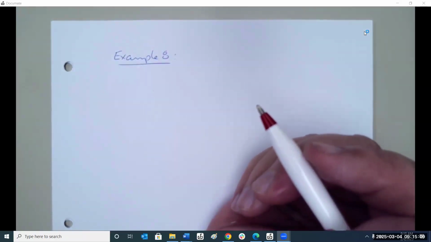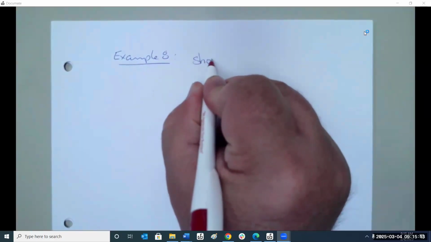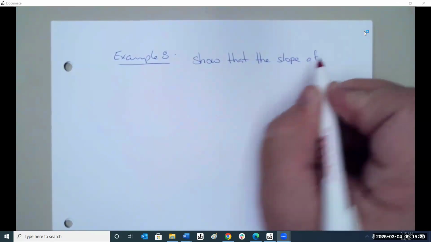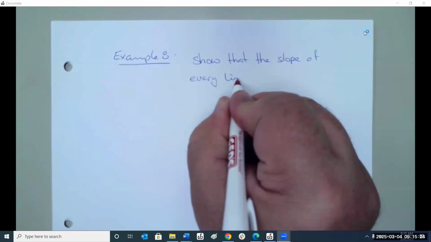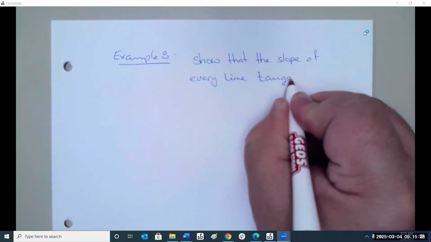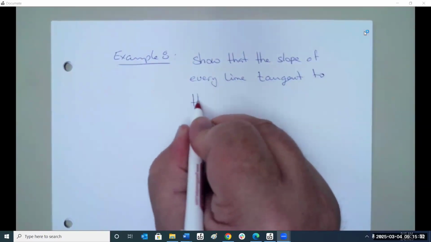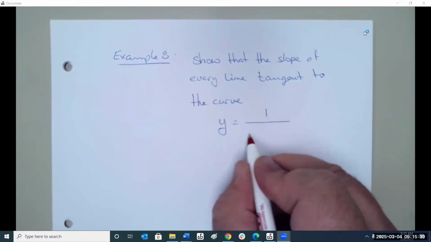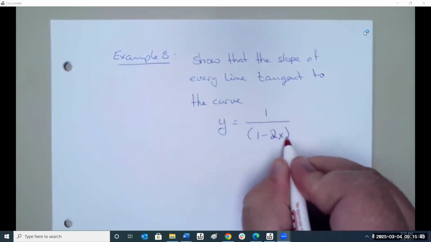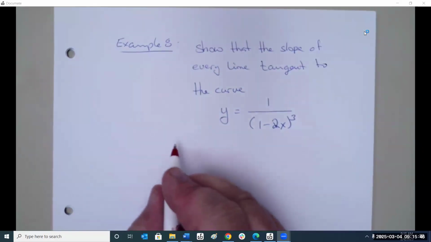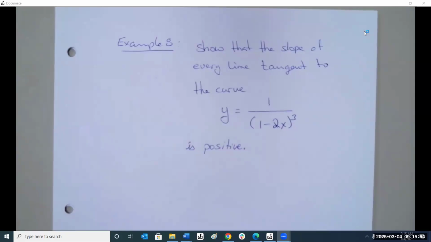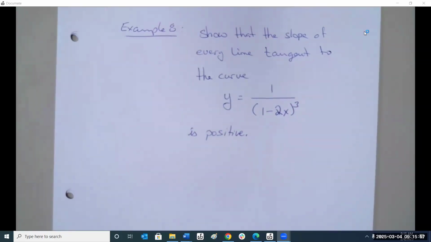Show that the slope of every line tangent to the curve y equals 1 over 1 minus 2x cubed is positive.